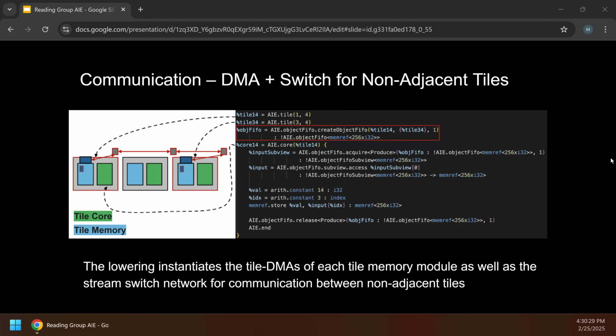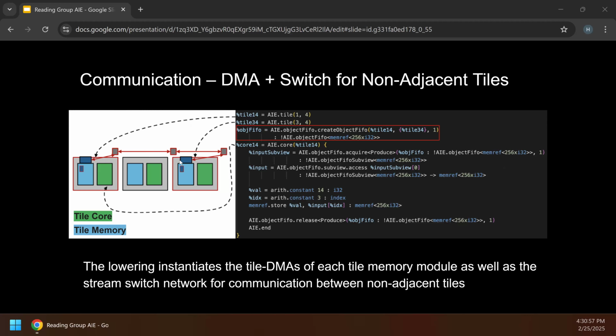There will be some lowering paths that do the routing to lower these object FIFOs to DMA, which is located at this memory module, and also allocate the switch network along the paths it finds.